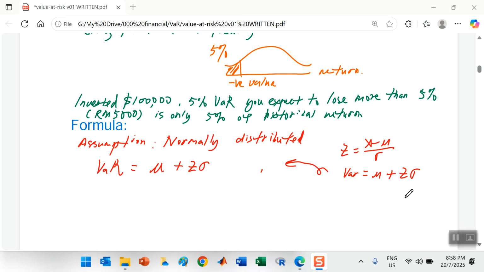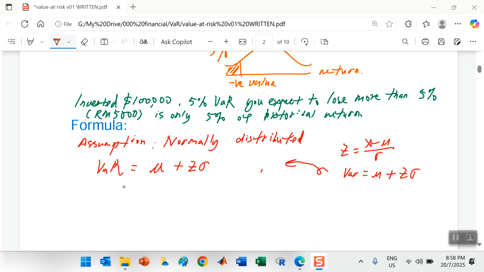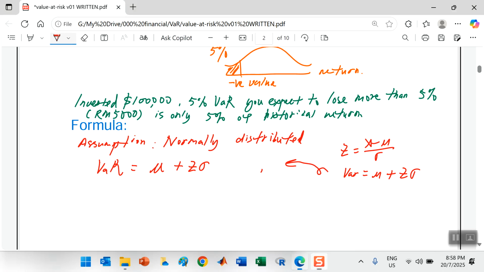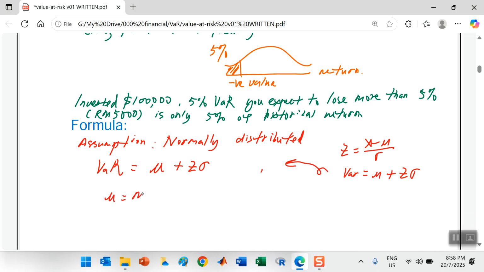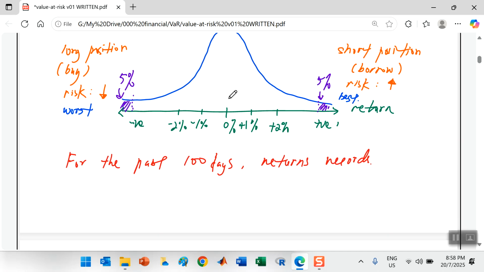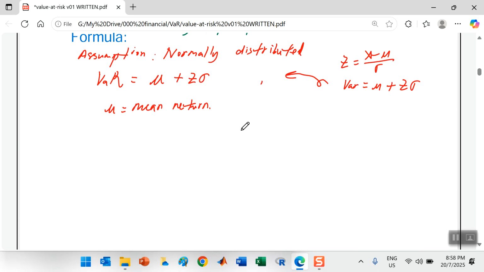Okay, so for the definition, we have the mu, which is the mean return or long-term returns. Most probably, because the distribution is symmetrical, the value will be close to 0.